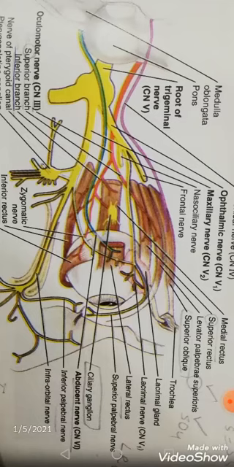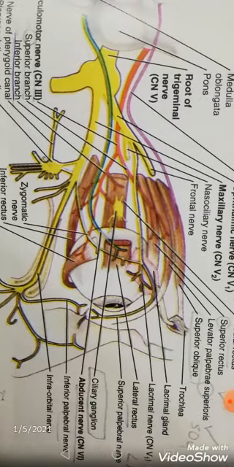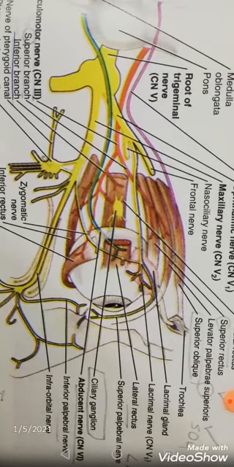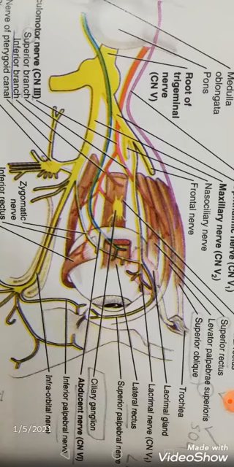It contains preganglionic fibers from this nucleus, and these fibers relay in this ciliary ganglion, and then the postganglionic fibers reach through the short ciliary nerves, and they supply your sphincter pupillae and ciliaris muscle.